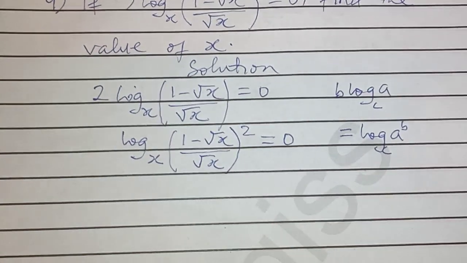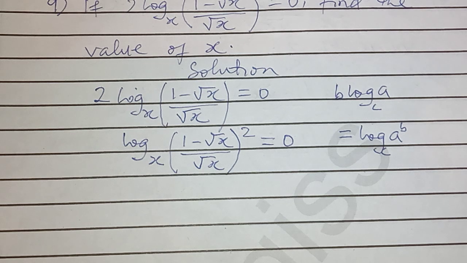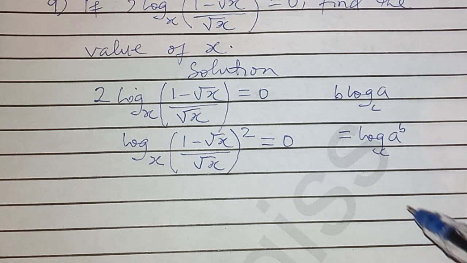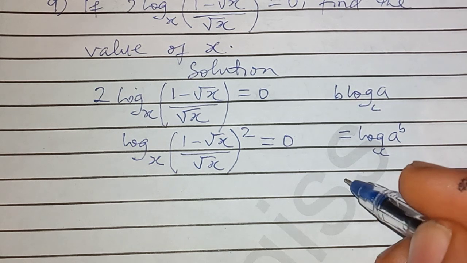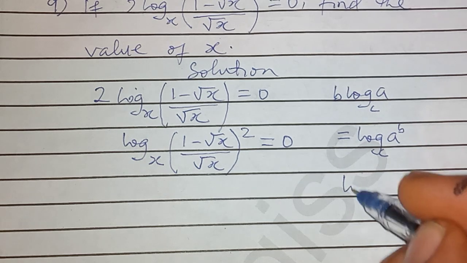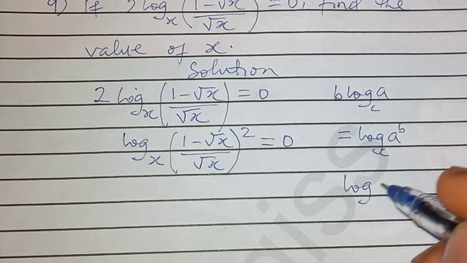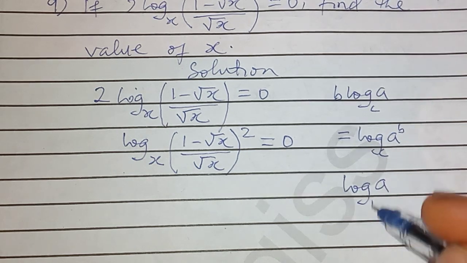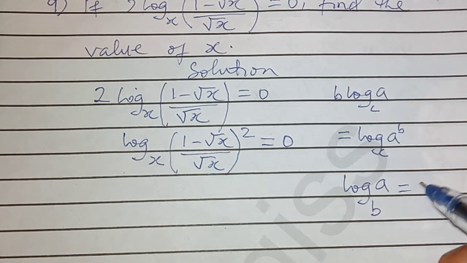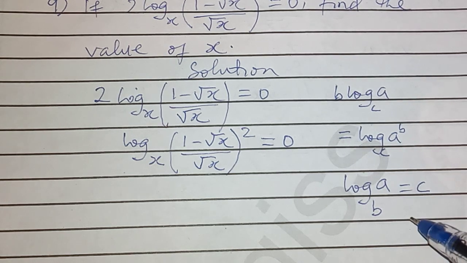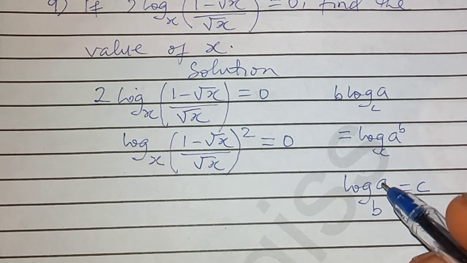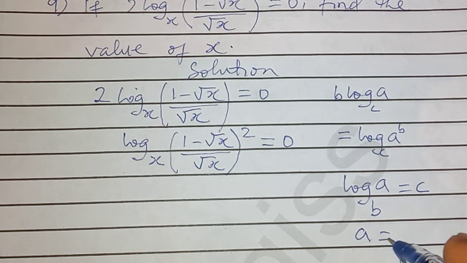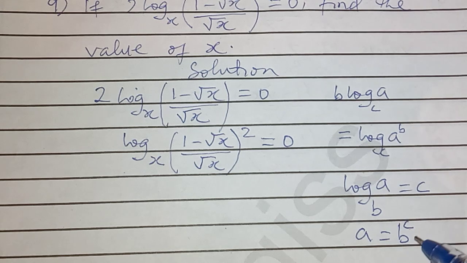Also, we are going to apply another law which states that if we have log a base b equal to c, so for us to get a, we'll have that a is equal to b raised to the power of c.